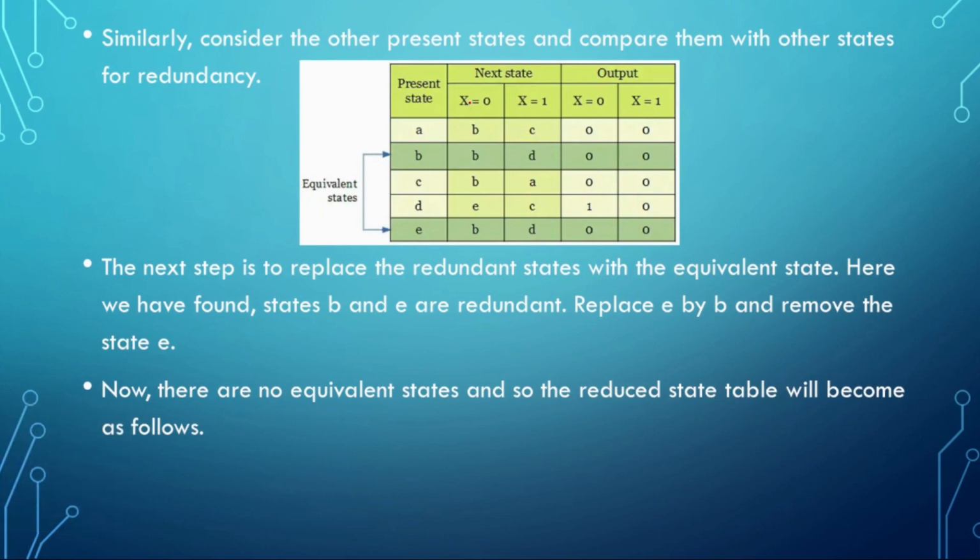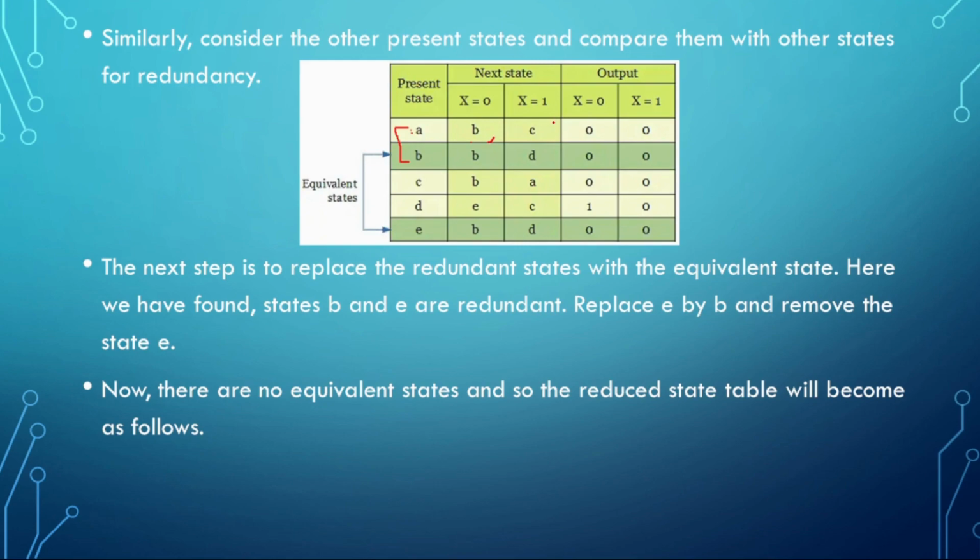In this question, you need to compare one state with another state. For example, you first compare these two states, A and B. For A, when x equal to 0, the next state is B. For B, when x equal to 0, the next state is B. So these two next states are the same.